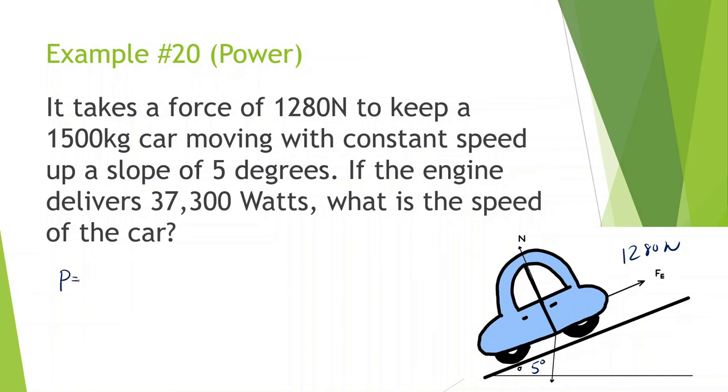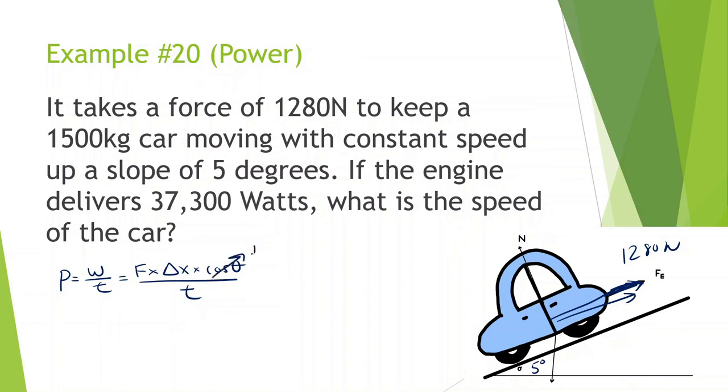We should know again, power is equal to work divided by time. Let's write this out a little more. It is equal to force times displacement times cosine theta, divided by time. One thing we don't have to worry about is that the force and the displacement are going the same direction, so the cosine just turns to 1.